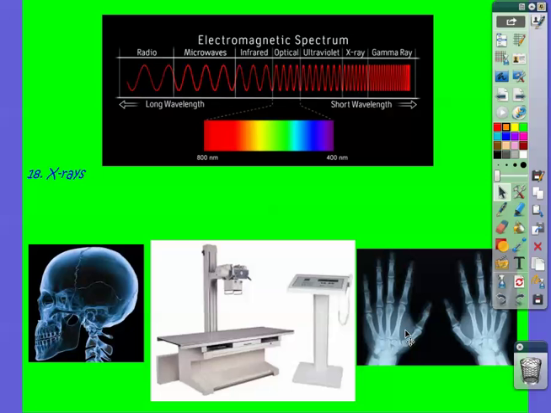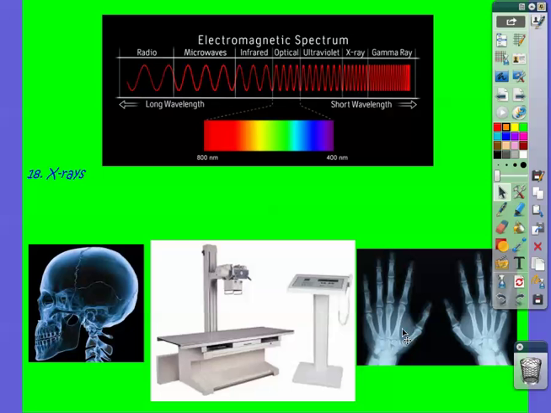So we certainly use them as beneficial in the medical field, but if we were exposed to X-rays in large amounts all the time, that would be pretty dangerous because these are a high energy wave. Fortunately, when they're used in the medical field, it's small doses over just a really short period of time, and that's it.